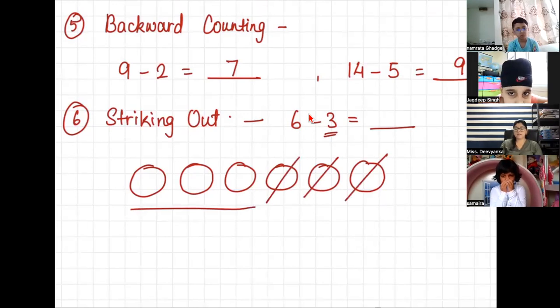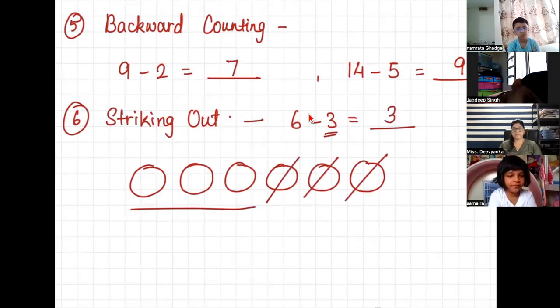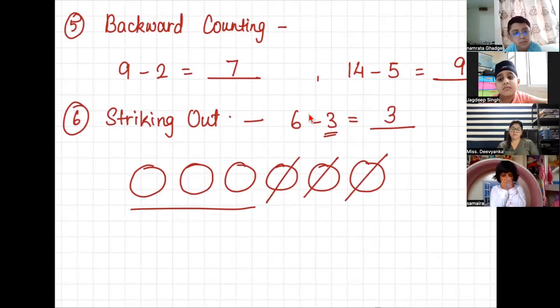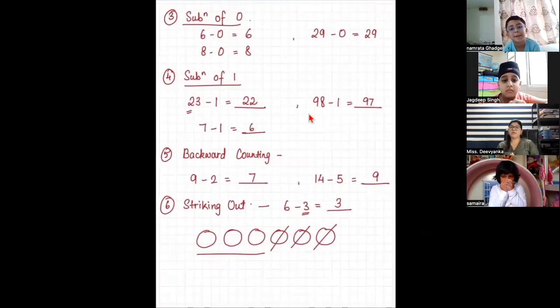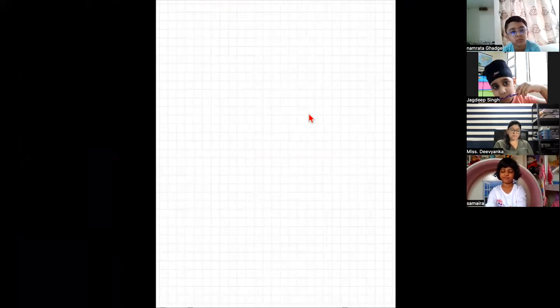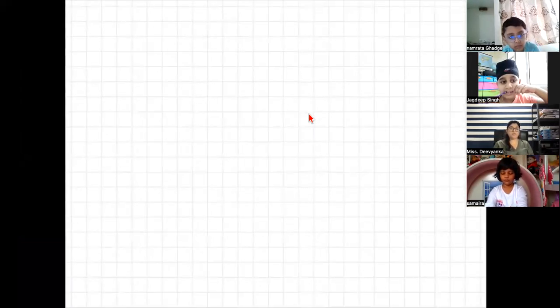And whatever is remaining is your answer. In fact, this is how you started learning subtraction, isn't it? So this is also another method. Any confusion, any doubt in all these 6 methods? No? Perfect.